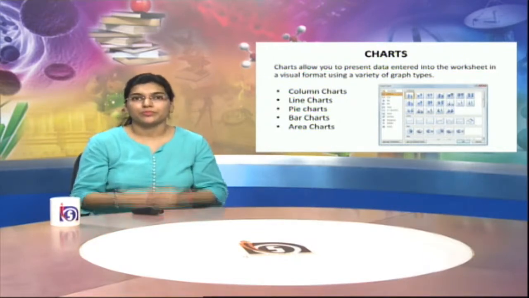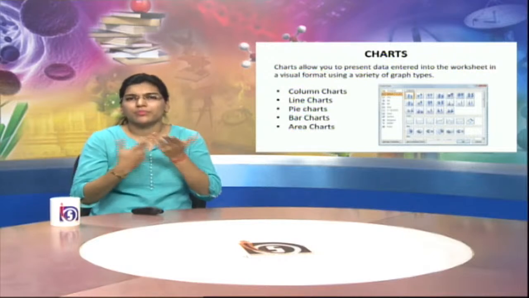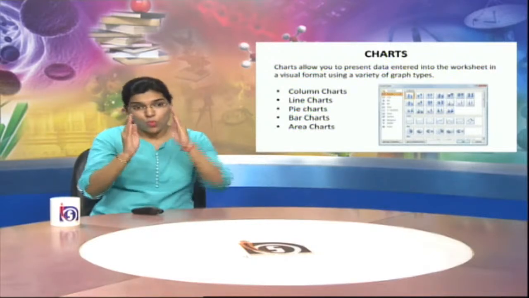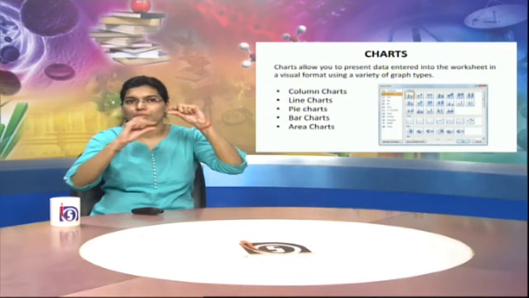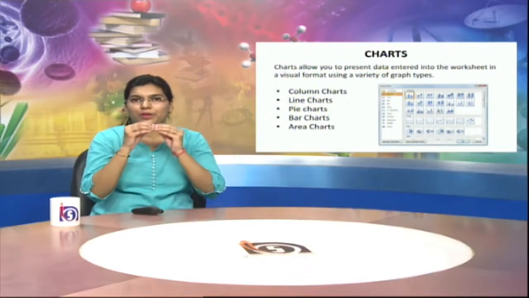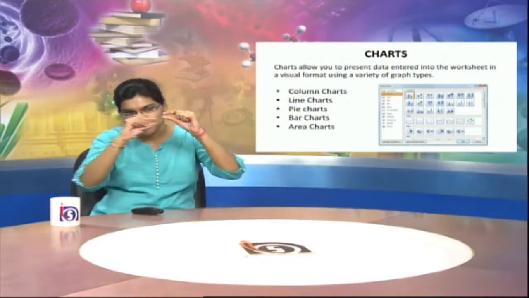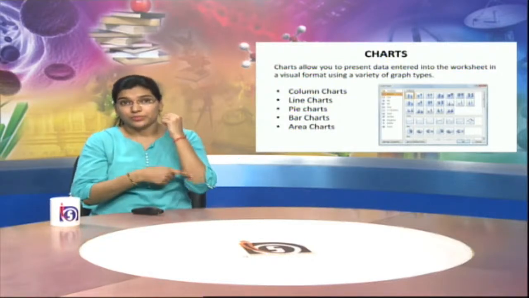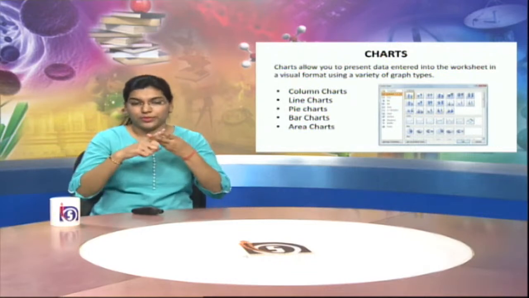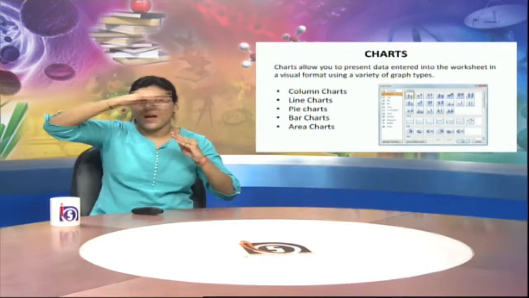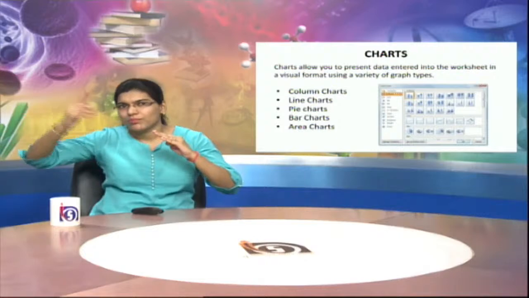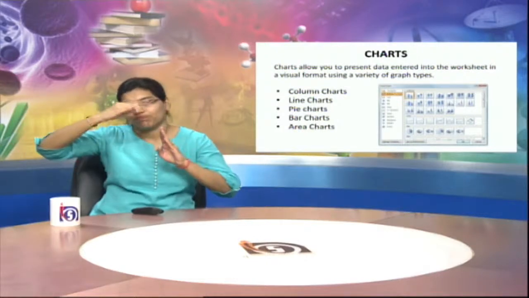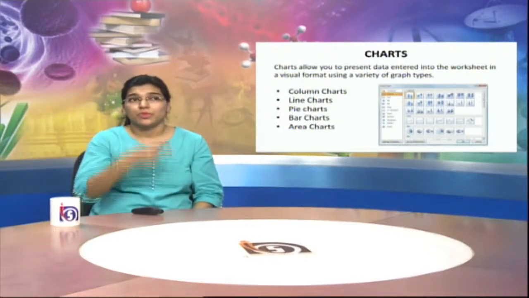The fourth is bar chart. Bar chart is also horizontal and vertical. Then at last, that is area charts. It is in the form of mountain, like you may have seen different mountains.